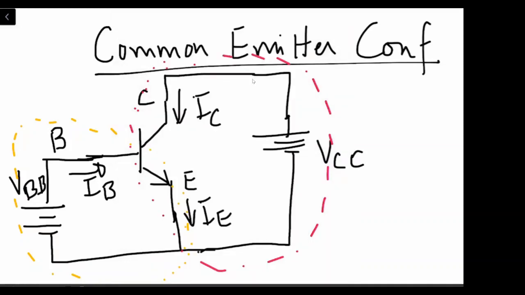Any question? Is this fine? Yes. Okay, so with this we can see that we have a drop between the base emitter junction, which we can say is VBE, right?